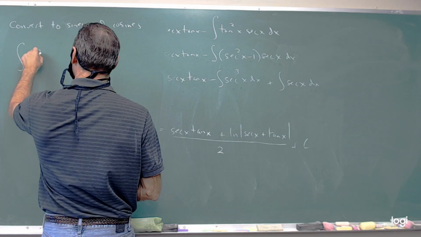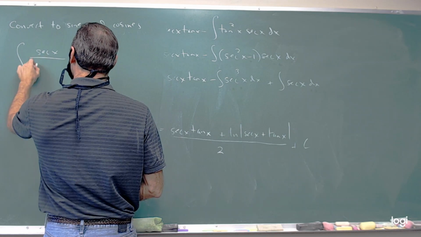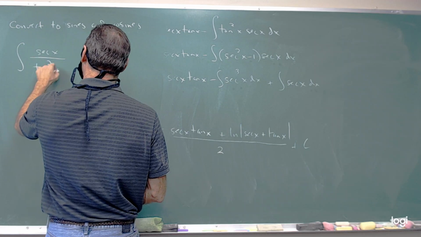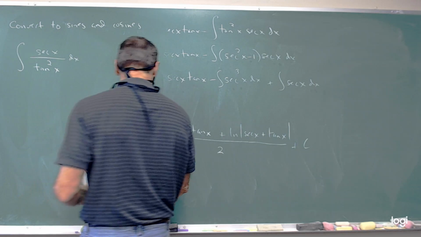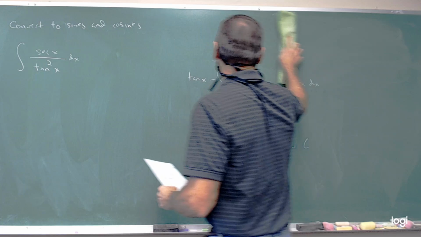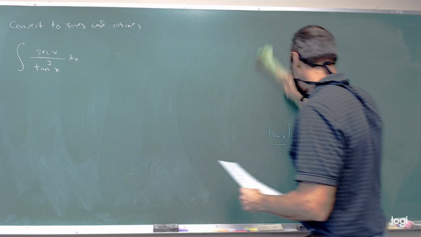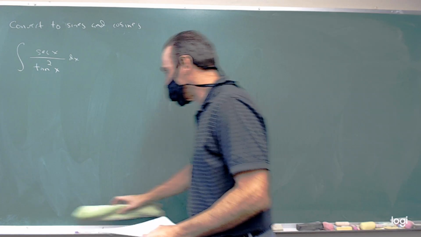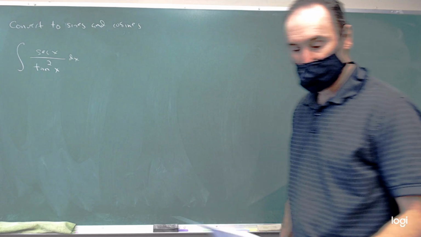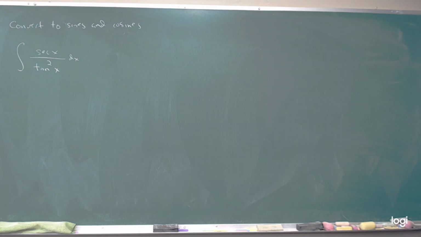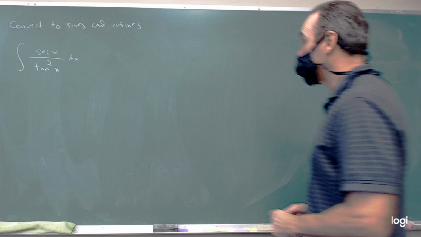So if we have secant x over tangent squared x, I don't think leaving them as secants and tangents will work. Want to give it a shot or no? No? In my head. Should we do them together?